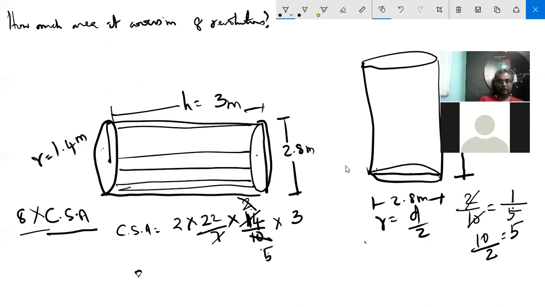That means 2 into 22 into 1 by 5 into 3.